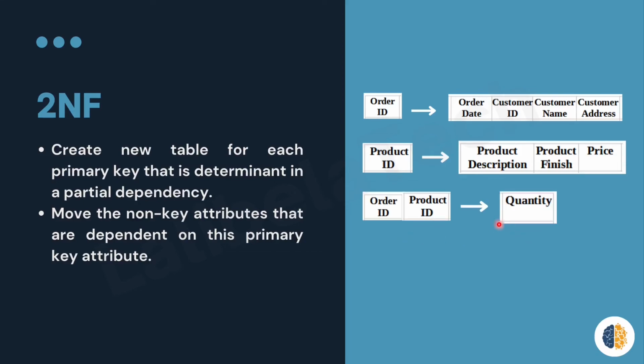In this case, quantity is fully dependent on order ID and product ID. Let us call this table order line, which means we successfully converted the table from first normal form to second normal form.